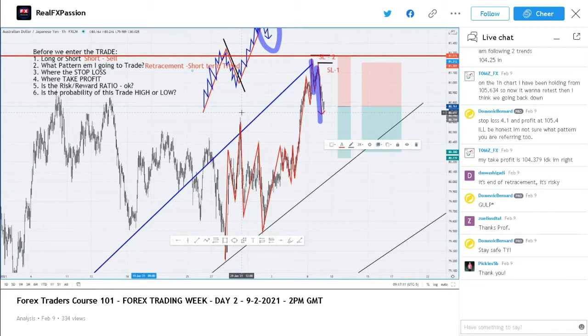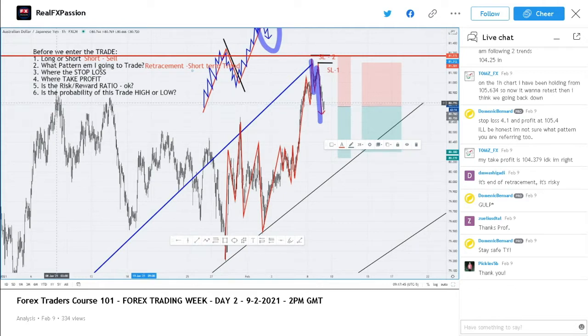Why do I keep asking high probability or low probability? We made a plan. We answered all of the questions, number 1, number 2, number 3, number 4, number 5. And before we enter the market, we ask the last question: is the probability of this trade, according to the technicals, high or low? Meaning, what is the chance that our trade is going to be a winner or a loser?